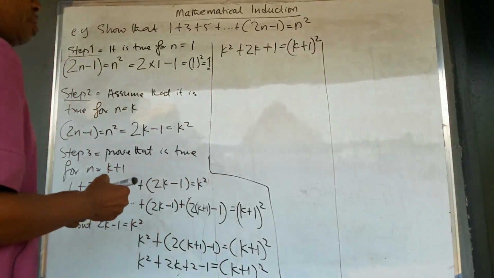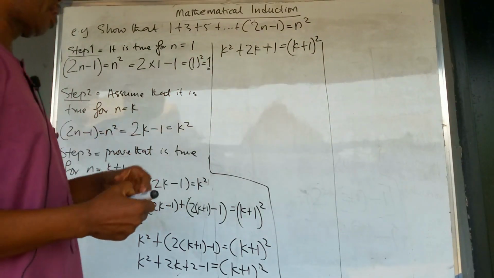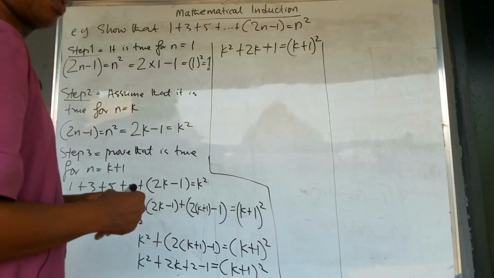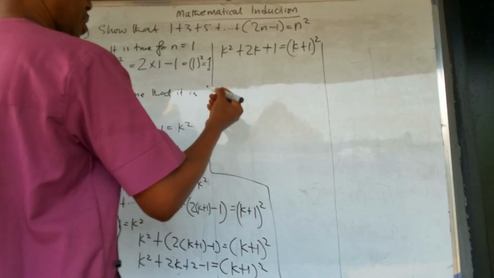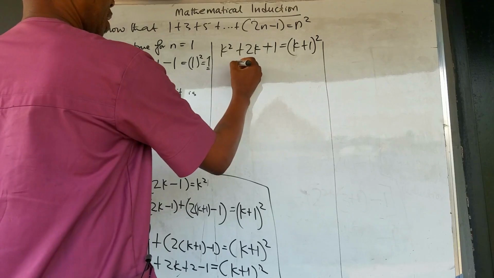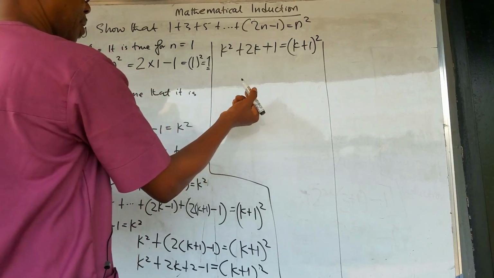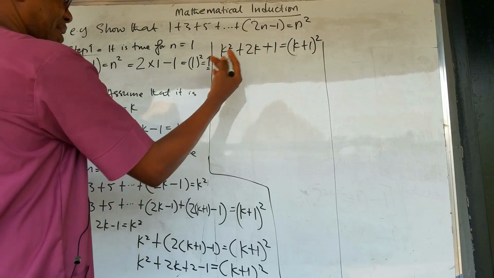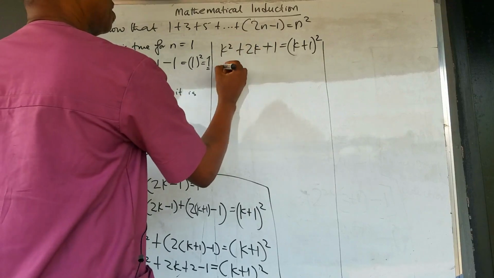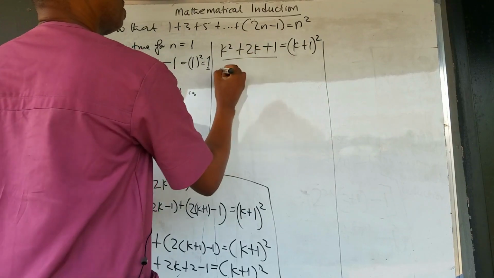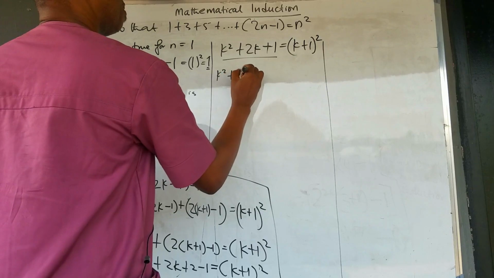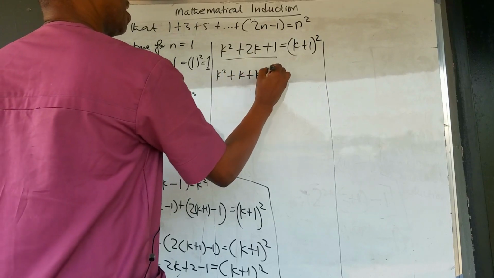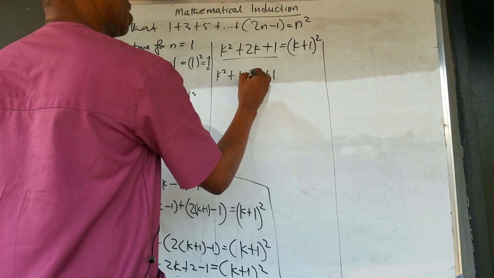So without much ado, this one is a simple quadratic equation. So when you factorize it, let me factorize it for people that are not used to that. Only this one will be k squared plus 2k plus 1 equal to 0.